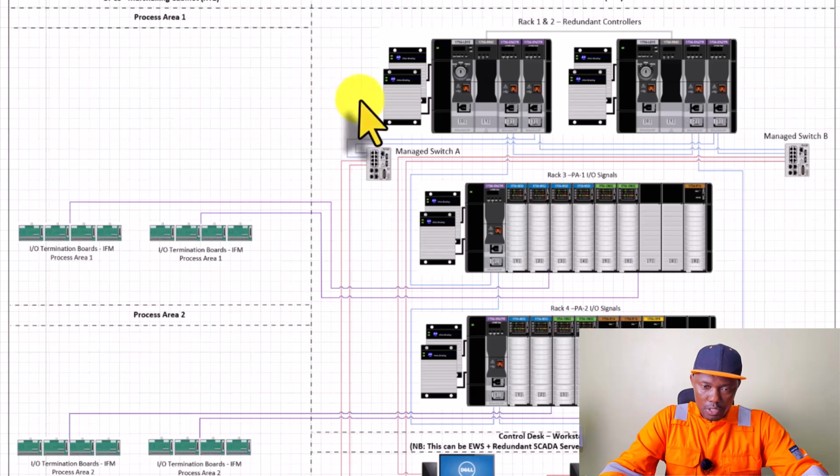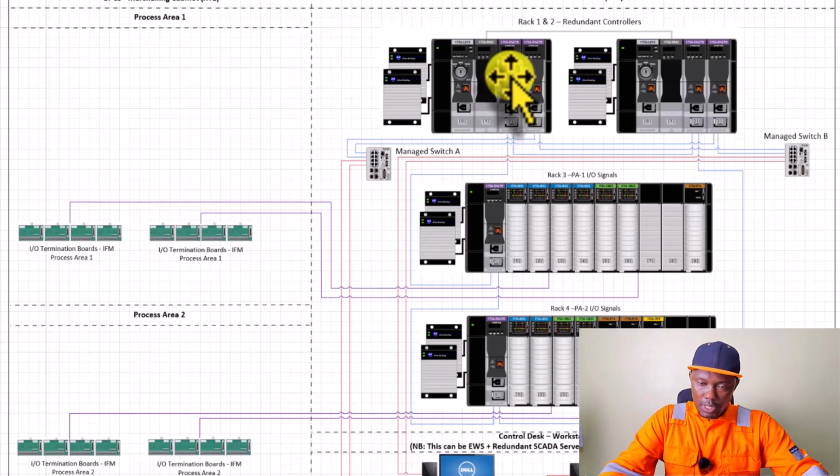So basically, if you look on the left here, you will see I've got rack 1 and 2 for the redundant controllers. The one on the left is the power supply module, then the one following it is the controller, then the next one is the redundancy module, then the communication module.